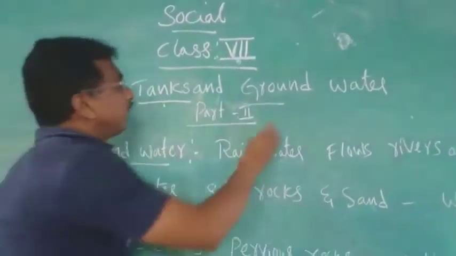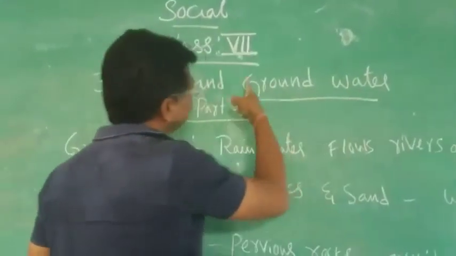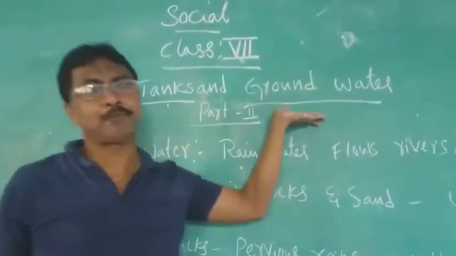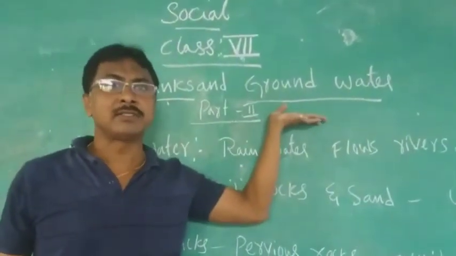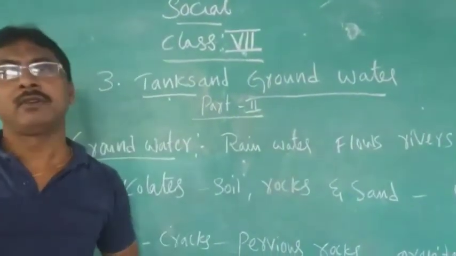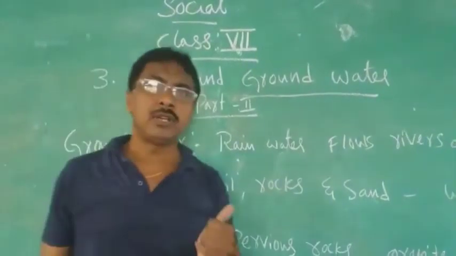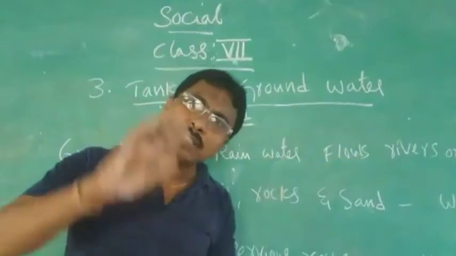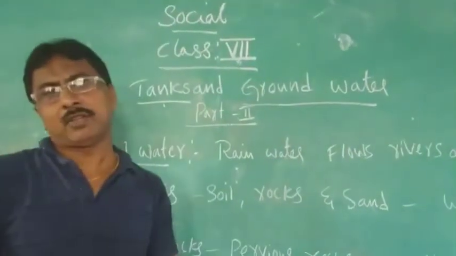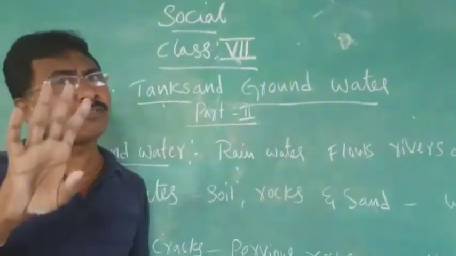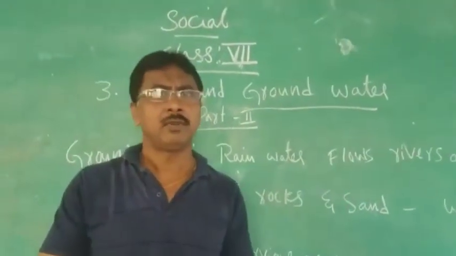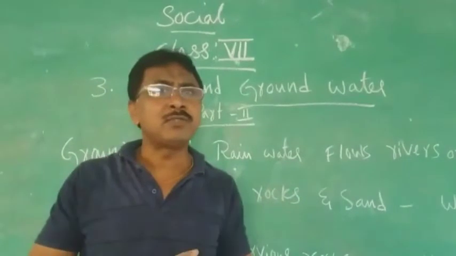And now today, part 2, that is groundwater. Now we are going to discuss groundwater. Why should we discuss it? It is important, because rain falls for only 3 or 4 months, and even then not regularly.